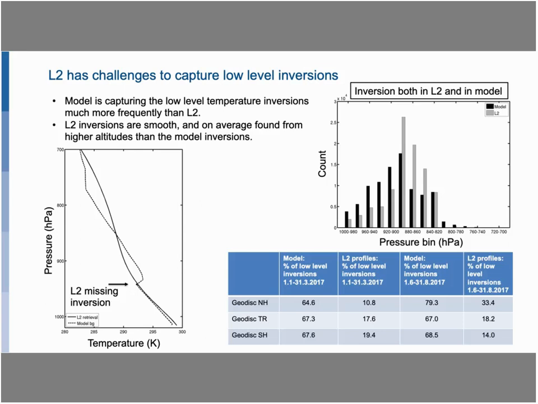The gray bars are indicating the retrievals, and the black bars are indicating the model inversion height. So for the assimilation, it's important to keep in mind that at low levels there are issues with smoothness, and often the inversions are missed in the retrievals.